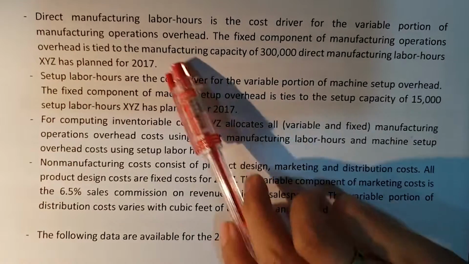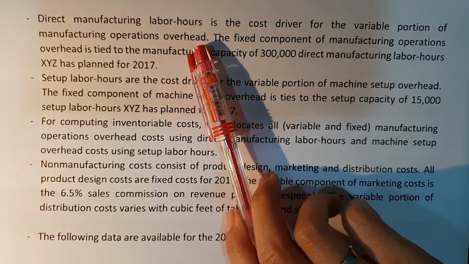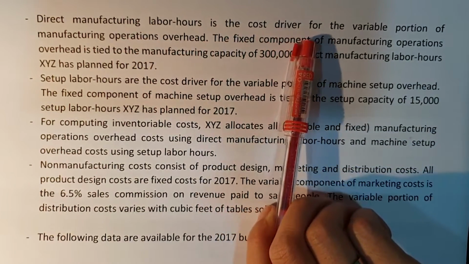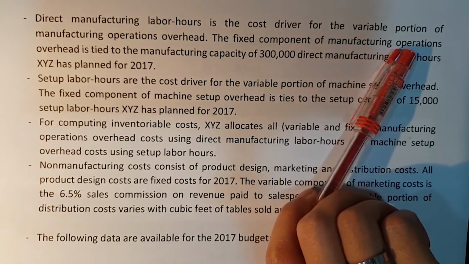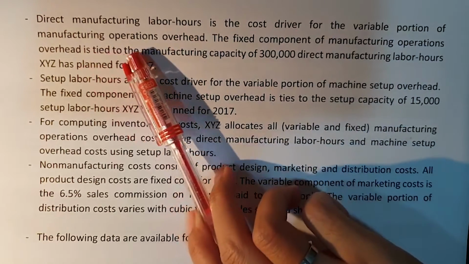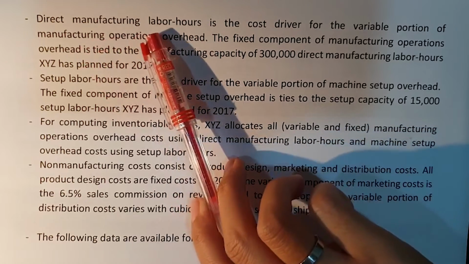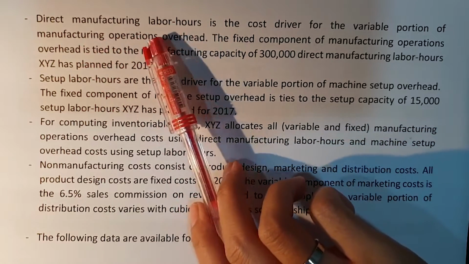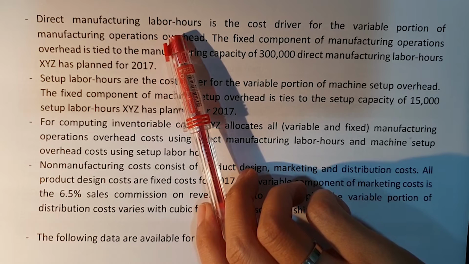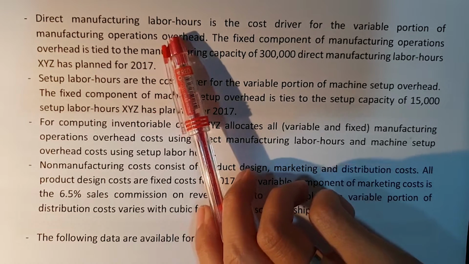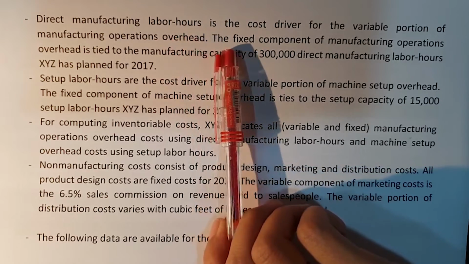Direct manufacturing labor hours is the cost driver for the variable portion of manufacturing operations overhead. So this is direct manufacturing labor hours. We already know that in manufacturing we have direct material and direct labor. So this is what is meant by direct labor.